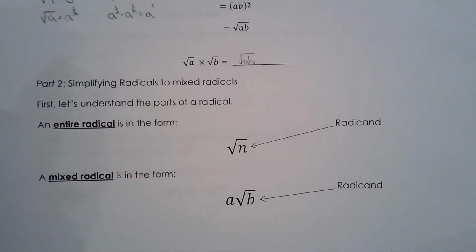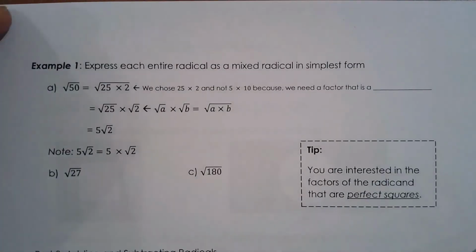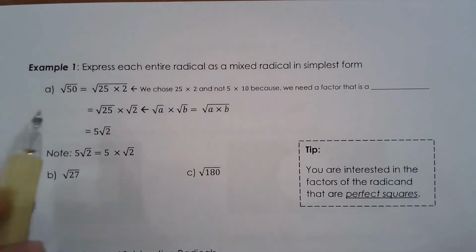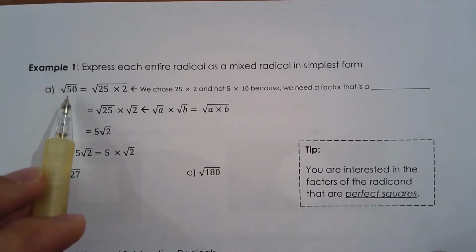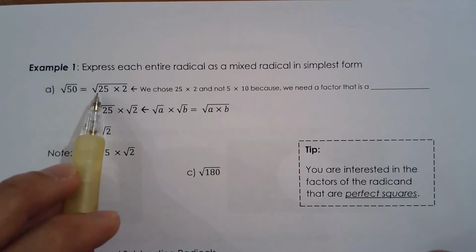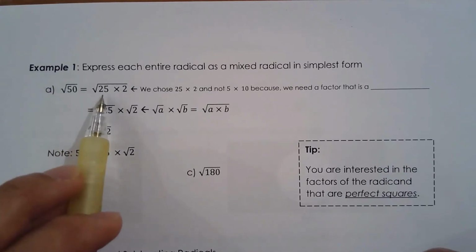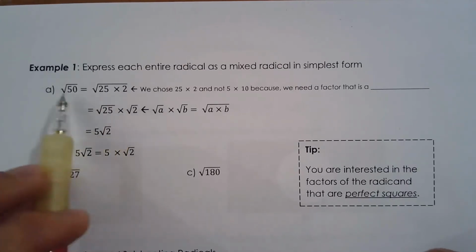So how do we go from an entire radical to a mixed radical? I showed you the first example, root 50. I'm going to try to express this as a mixed radical. I broke apart 50 as 25 times 2 because 50 is the product of 25 and 2. Why would I break down 50 into 25 times 2? Because 25 is a perfect square.